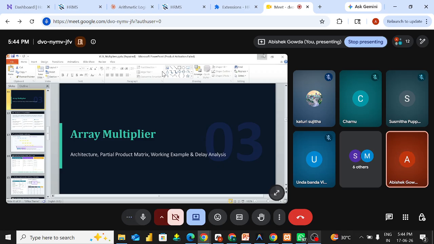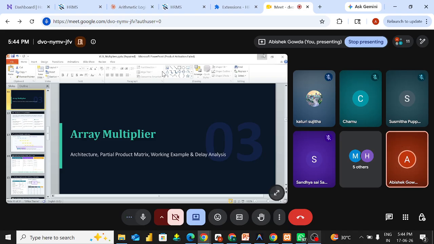Okay, so just like I said, the multiplication process consists of two stages. What are they? Partial product generation and partial product addition. In the first stage, each bit of the multiplier is multiplied with every bit of the multiplicand using AND gates.